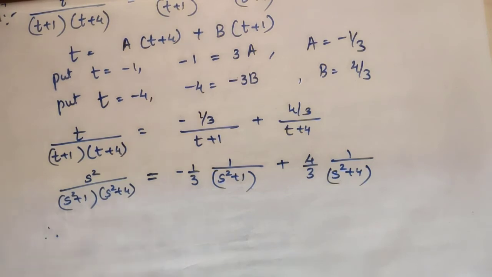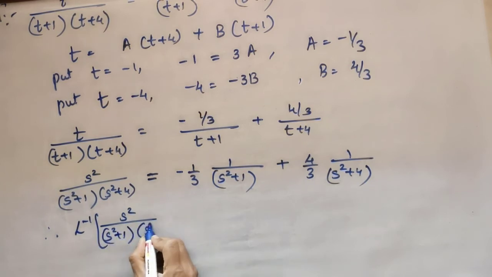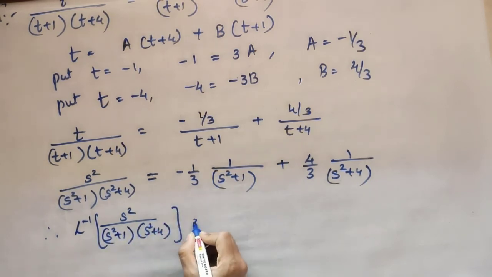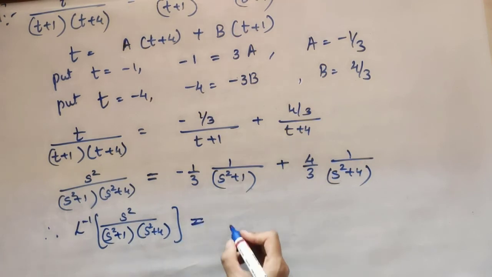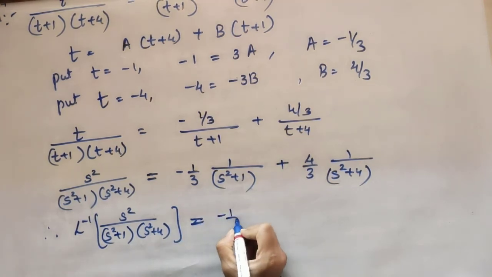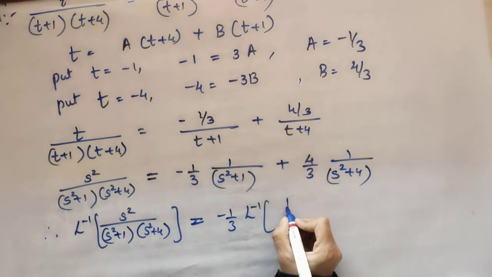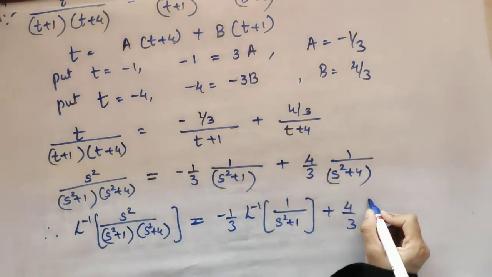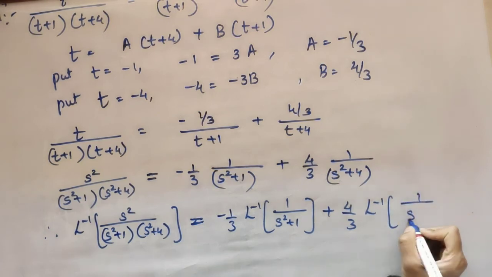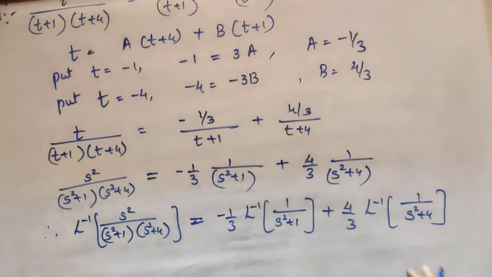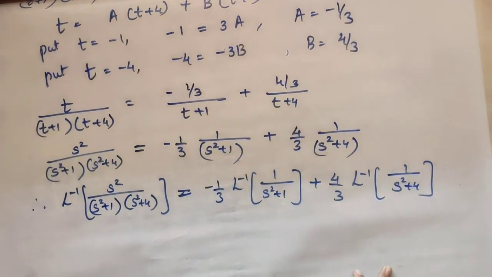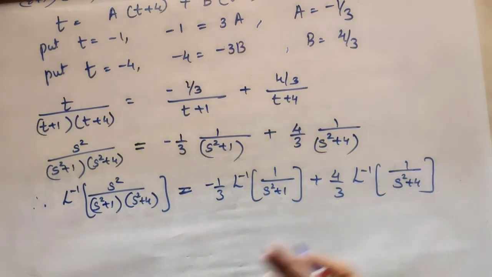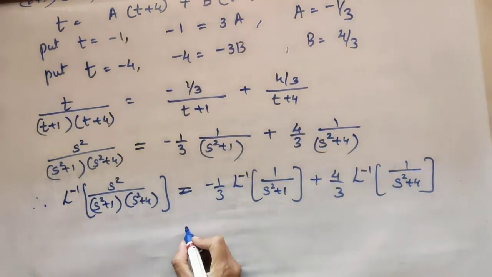Then L inverse of s² divided by (s² + 1)(s² + 4) becomes −1 by 3 outside, L inverse of the first term, plus 4 by 3 outside, L inverse of the second term, because L inverse also satisfies the linearity property.